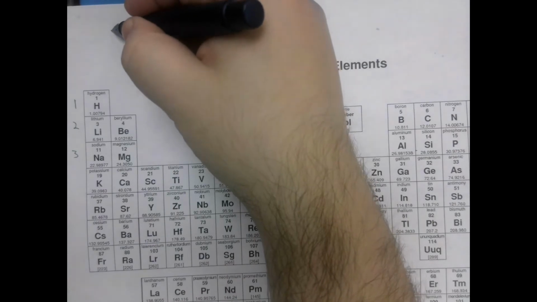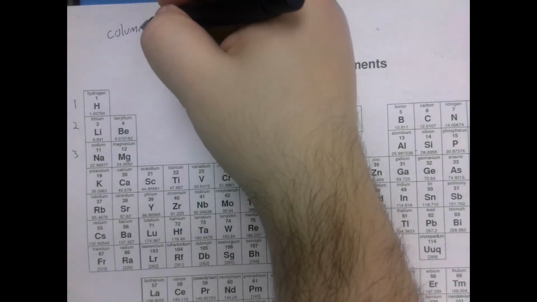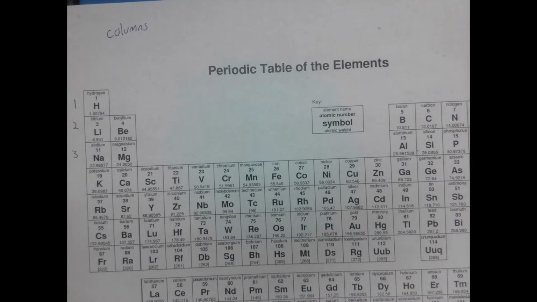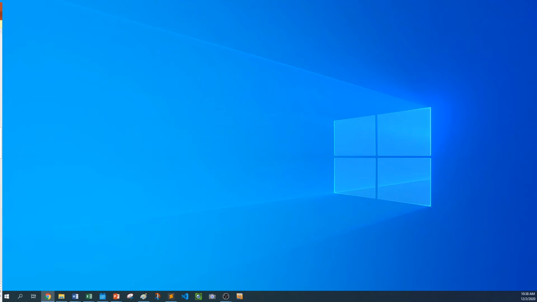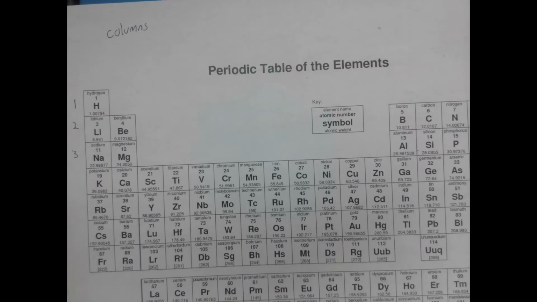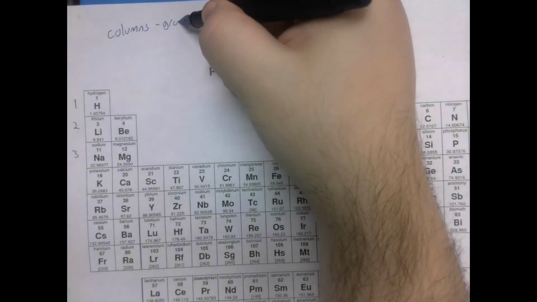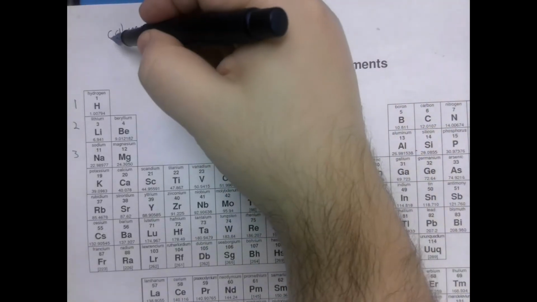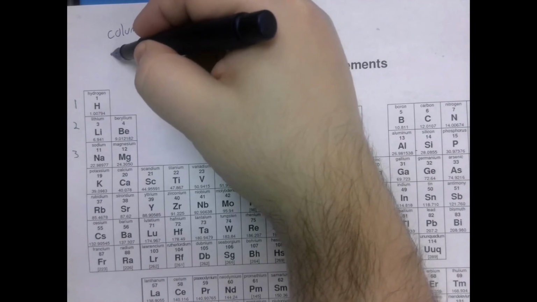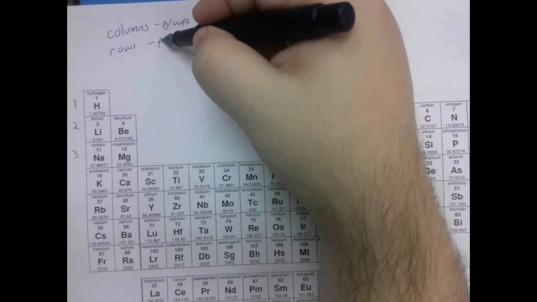The columns are called groups. And the rows are called periods.